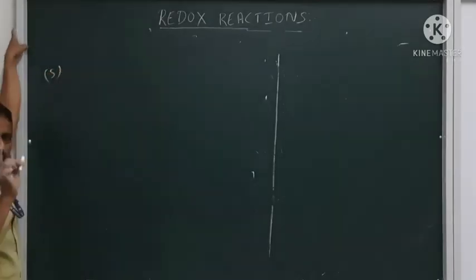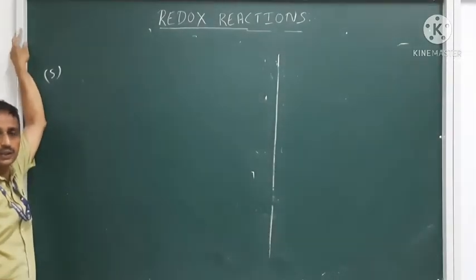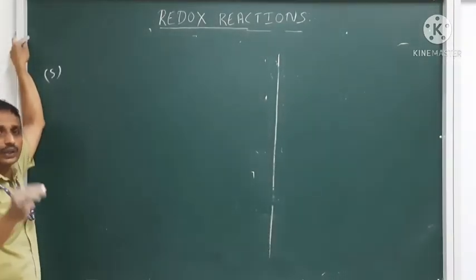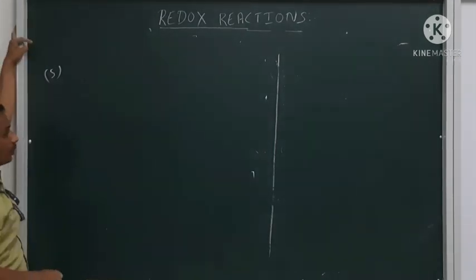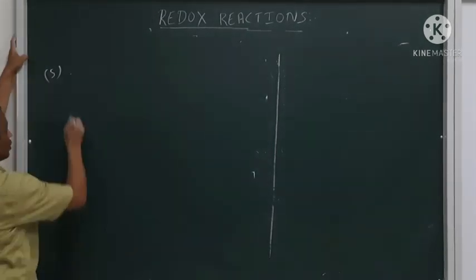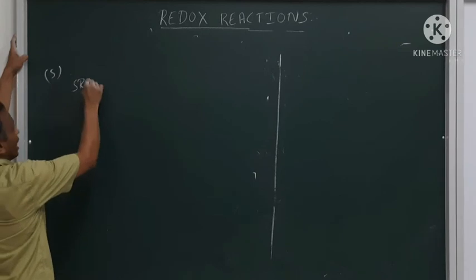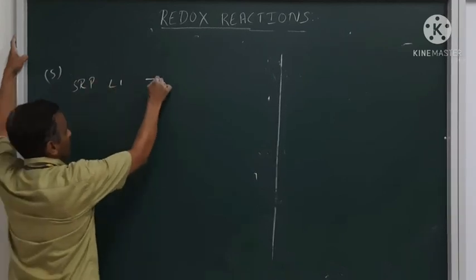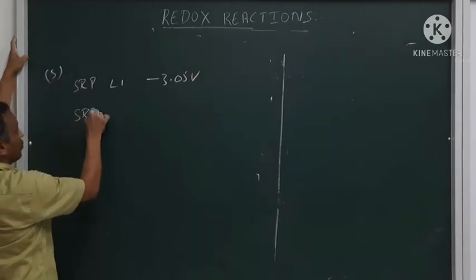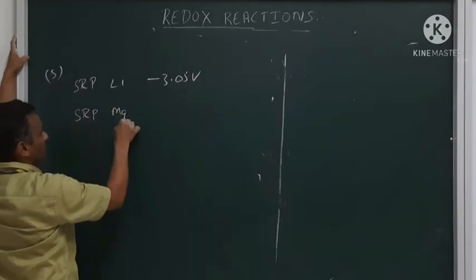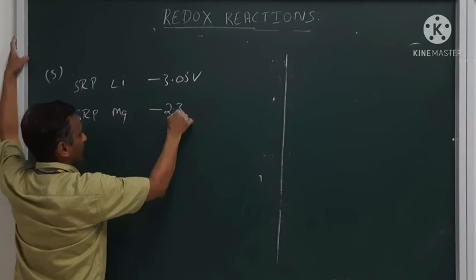See, when more than one ion is present, which will move to the cathode can be predicted by knowing the SRP value. The SRP value of lithium is minus 3.05 volt. The SRP value of magnesium is minus 2.36 volt.